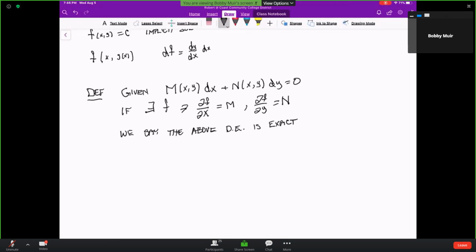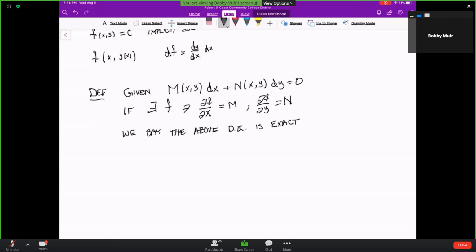Okay, so here's how you decide if it's exact. If partial M partial y is equal to partial N partial x, then the differential equation is exact.